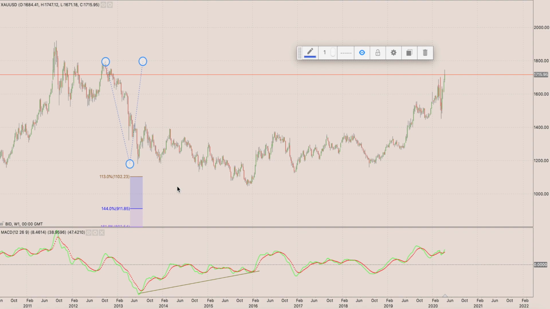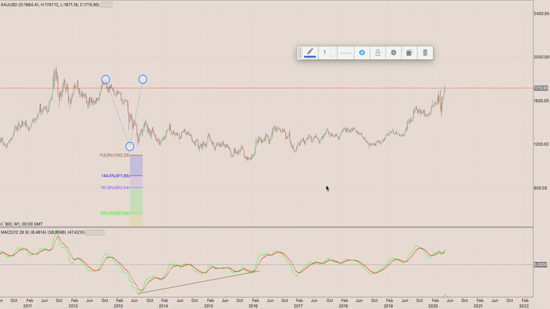In a real impulse, we want something about 100% of the previous price movement, not 50%. We want something that, let's say, gives us somewhere around 200% price points, somewhere around here. But this chart failed even to get to the 40, 50% price point.